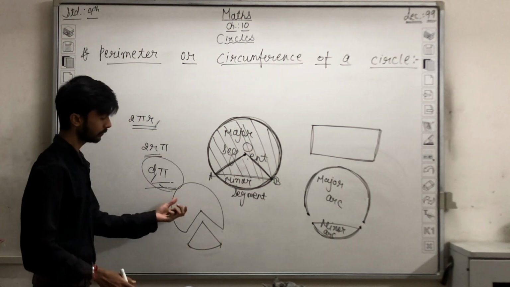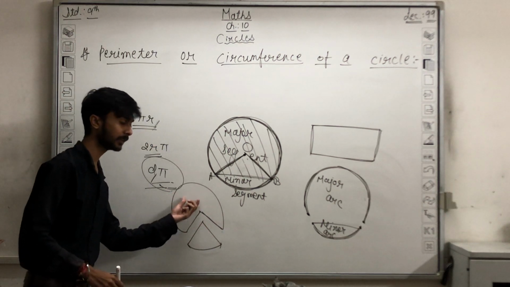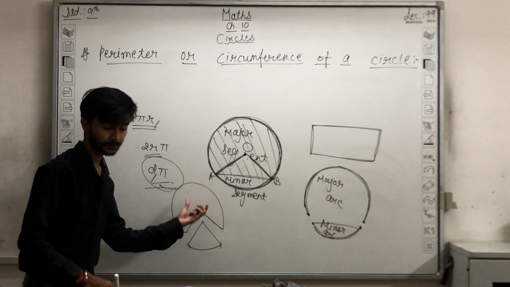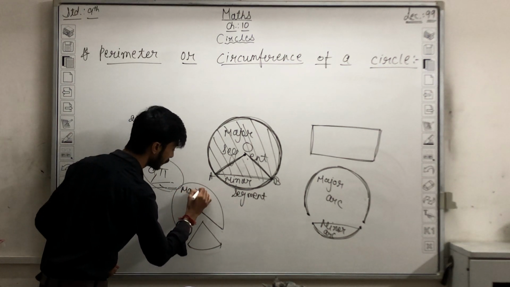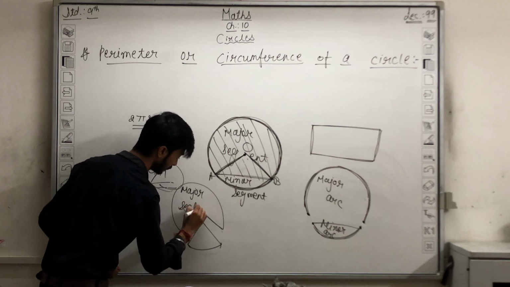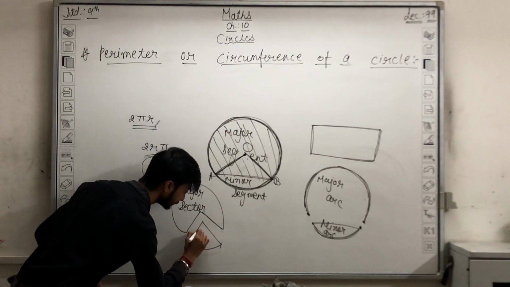You can see this is bigger and this is smaller. So this portion is called the major sector, and this is the minor sector.